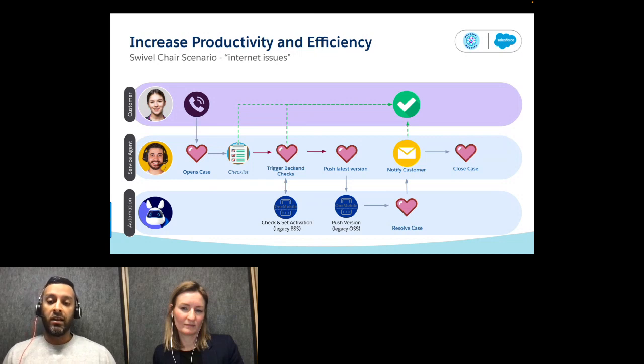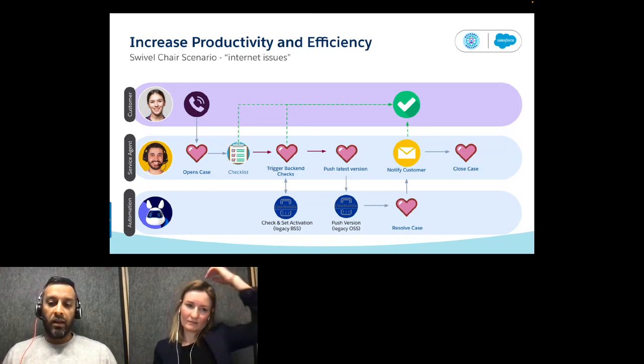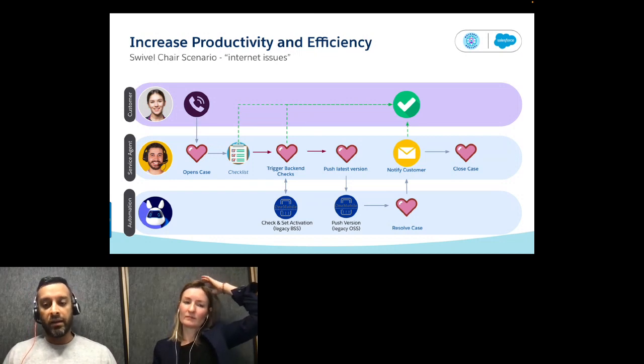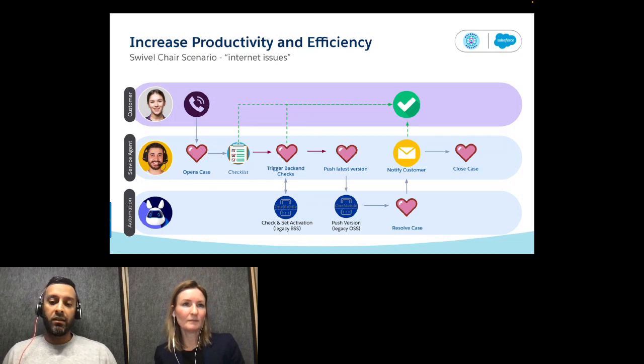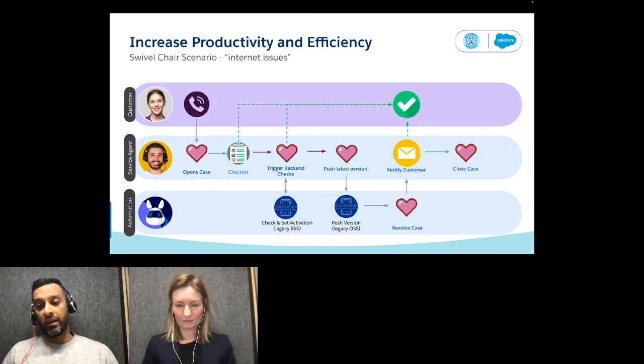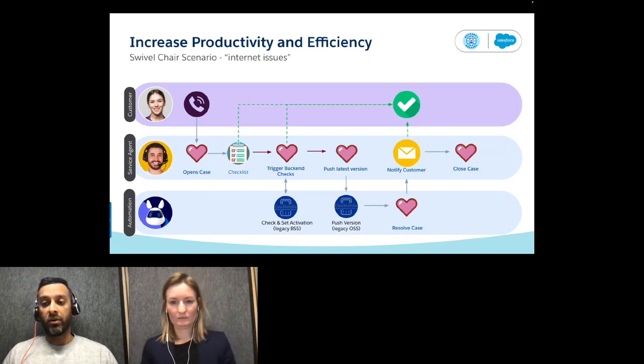In the OSS system, we have two modules, opening the router app, identifying the customer, and then pushing the latest version of the firmware to the router, and then resolving the case and notifying the customer. Once the customer is notified, she can do her checks and notify back the service agent team. So then Chris is able to close the case.